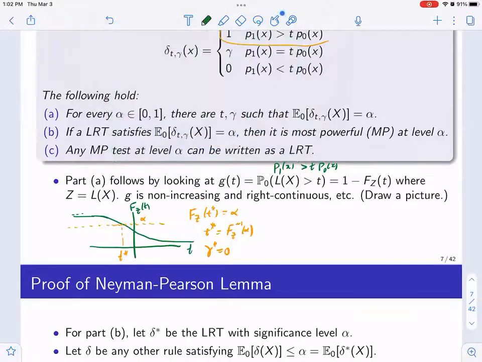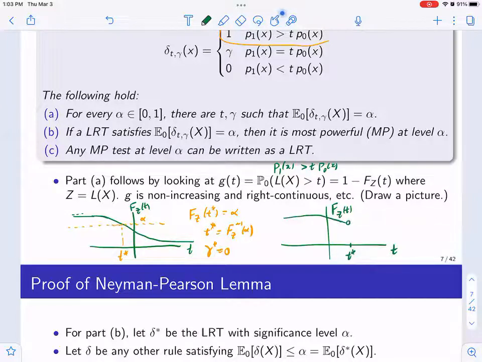The case which is a little bit more interesting is when there is a lumped mass of probability at a certain point. So let's say there is this point. At this point, the likelihood ratio takes some value, let's say t star, with some probability.